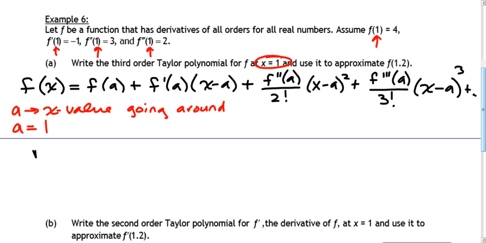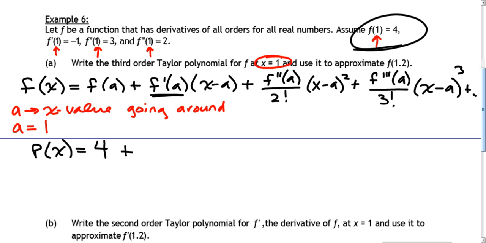So my polynomial is going to be f of 1, and f of 1 is over here. That's 4, plus f prime of 1, which is right here, negative 1 times x minus, and again my a is 1, plus we have our f double prime.